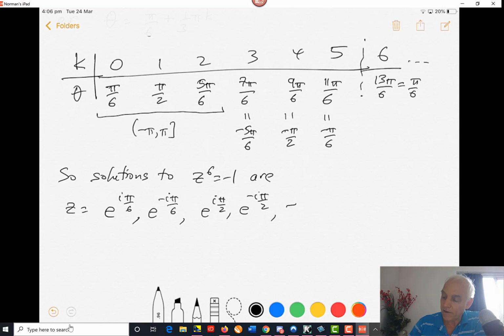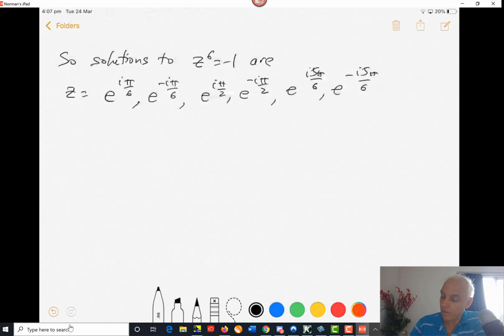Well, they're all on the unit circle, which is something like this. There's minus 1. That's what we're trying to find the 6th roots of. And the points we get are where? So e to the i pi on 6, that's 1/6 of 180 degrees. That's 30 degrees, maybe around there. So there's e to the i pi on 6. And there's its complex conjugate, e to the minus i pi on 6.